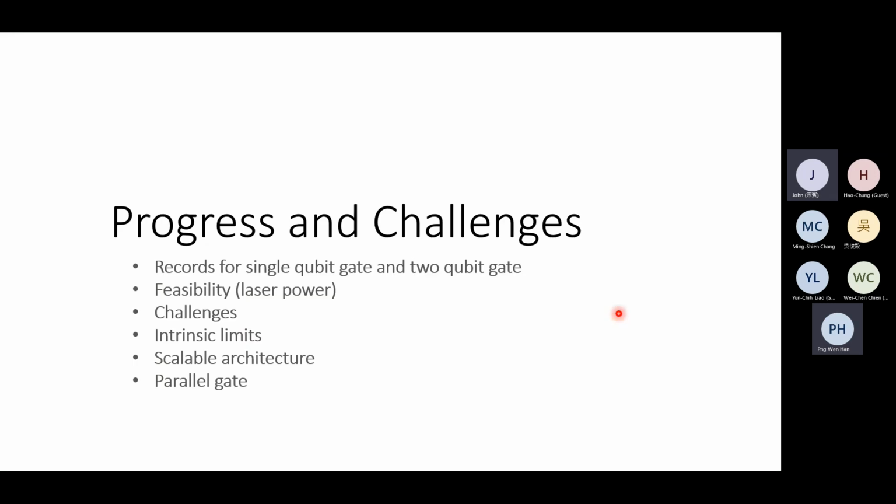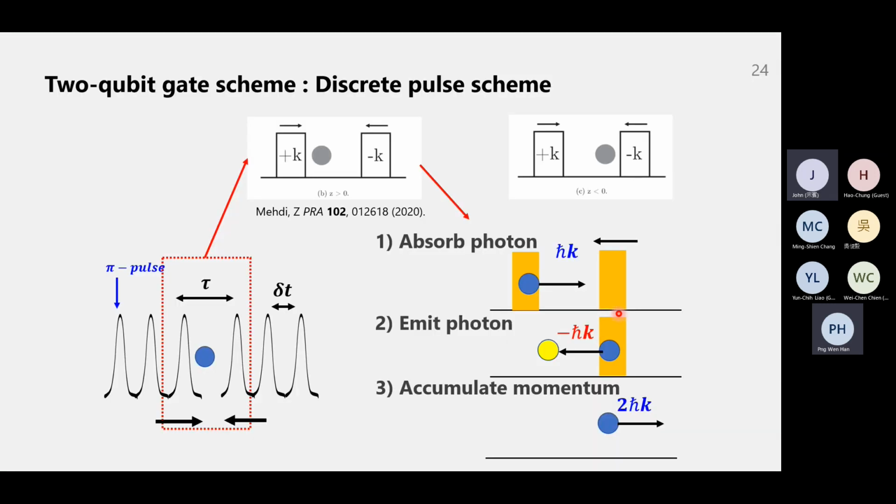Sorry, I'm confused. The square, the last pair, are they referring to the ion? Can you say it again? Last pair, minus k, refer to the ion. Sorry, I don't get your question.